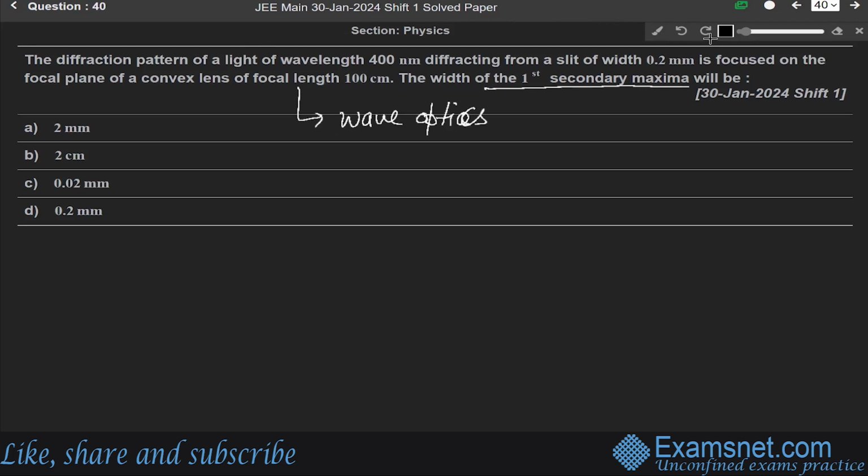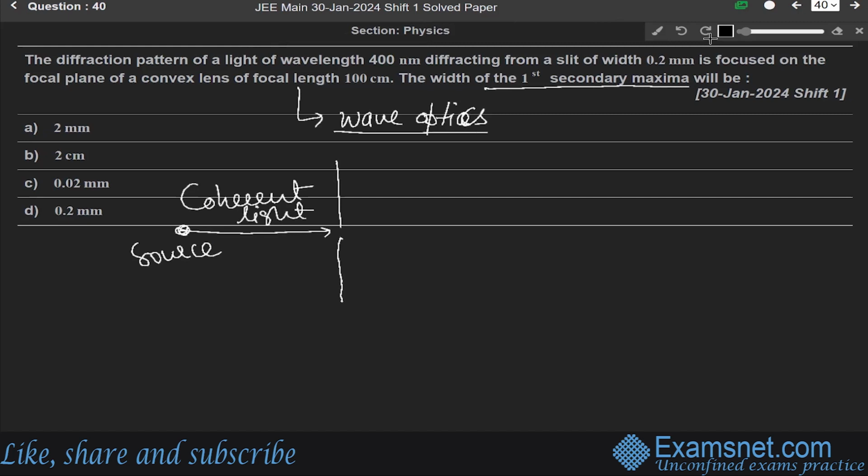Wave optics. According to this question, let us say this is a slit and a coherent light source. Coherent light is coming from the source and passing through a slit. After passing through the slit, it is making wave fronts, and these wave fronts are incident on a screen.